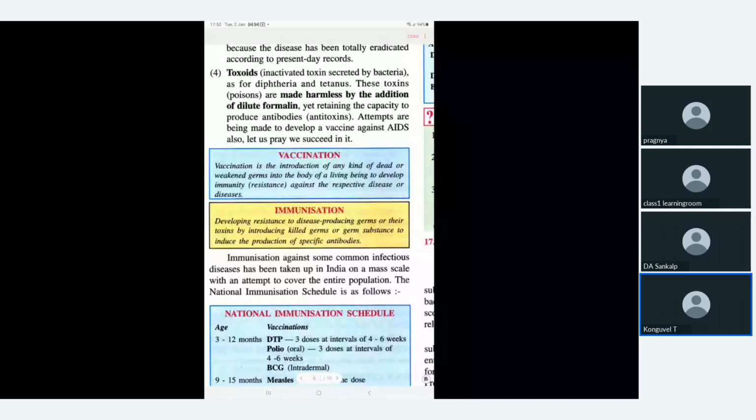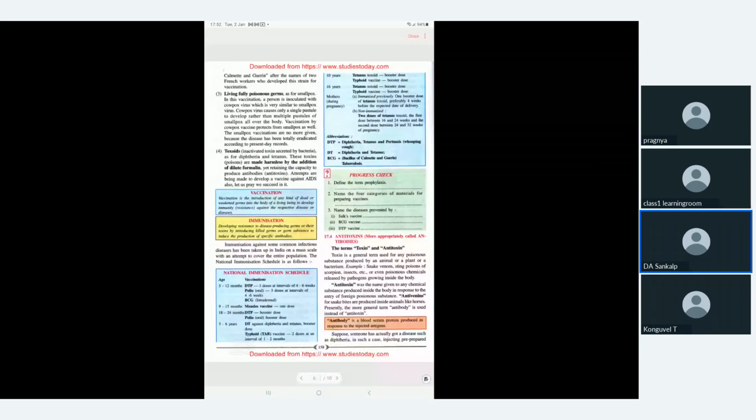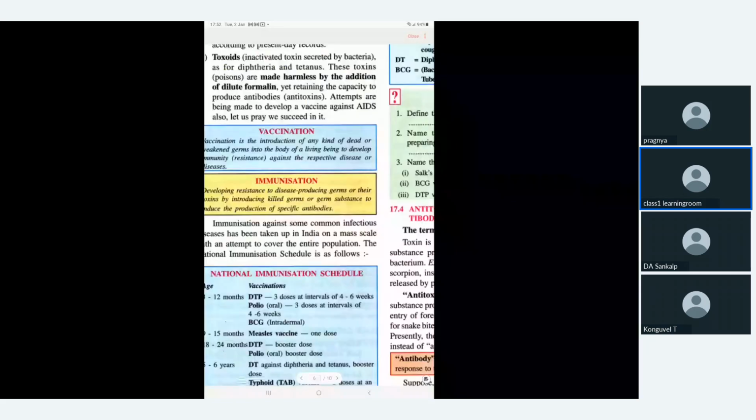For immunization, there is what they call a vaccine schedule, or immunization schedule. Look into the table: different types of vaccinations. At 3 to 12 months, DTP, and the polio vaccine, and then BCG. So they are the different types of vaccines administered.